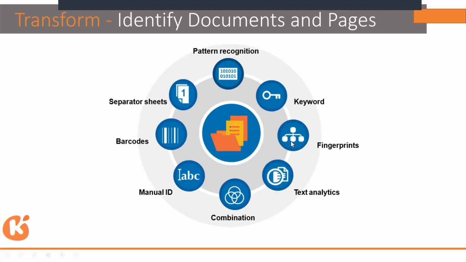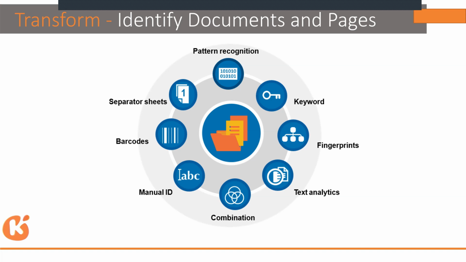Coming to the identification techniques, we have a number of identification techniques here in Datacap. The first is separator sheets. For example, you have a number of documents you are scanning into Datacap.